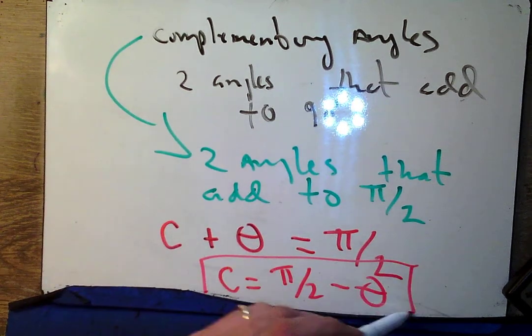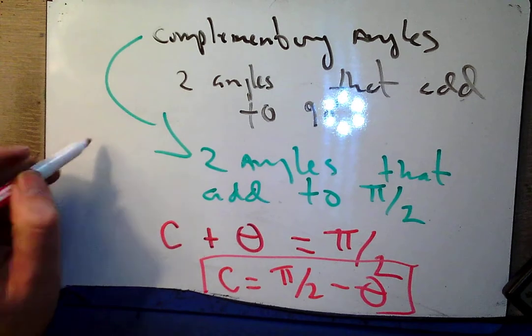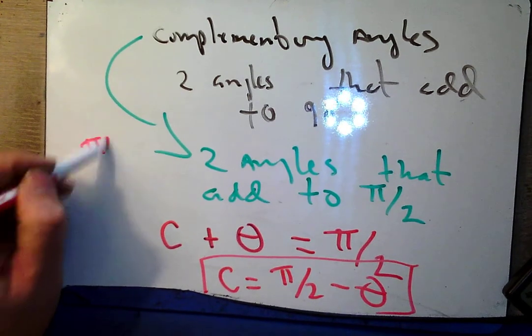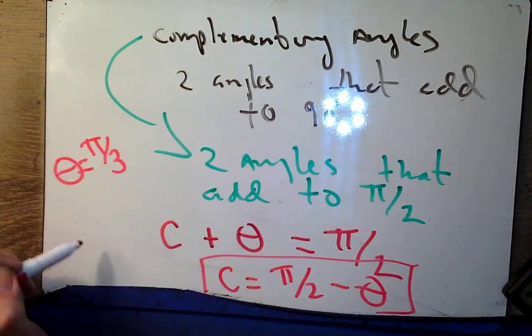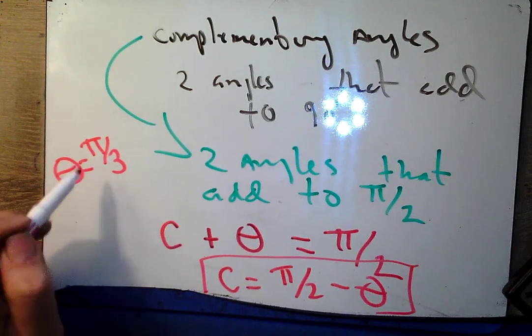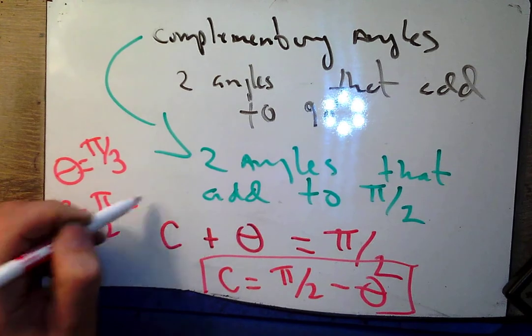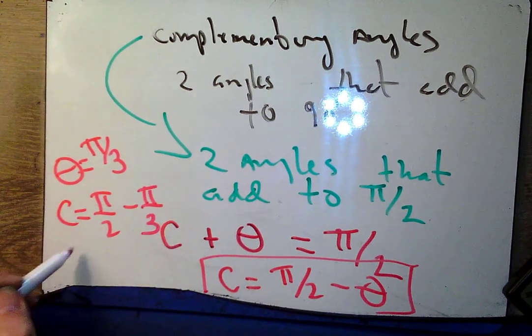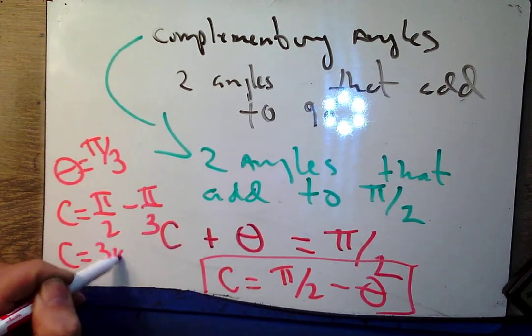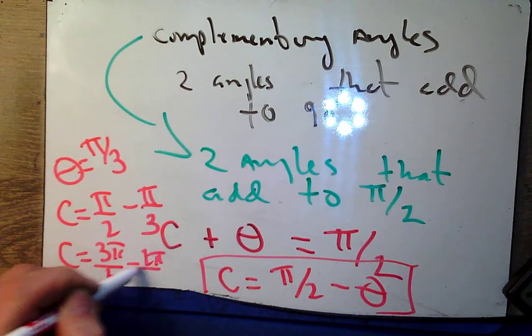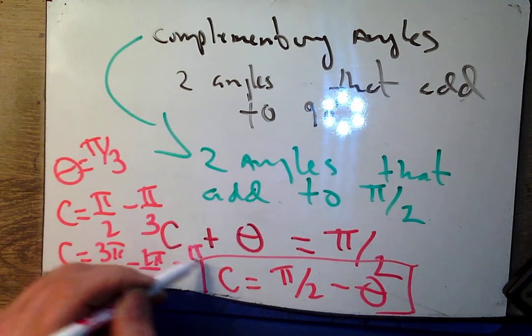That's my recipe for complement. If someone tells me pi over 3 is theta, what's the complement to pi over 3? Well, I know the complement is pi over 2 minus theta, pi over 3. 3 pi over 6 minus 2 pi over 6. I get 1 pi over 6.